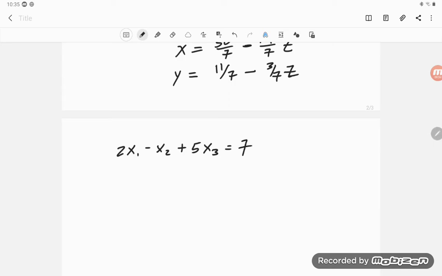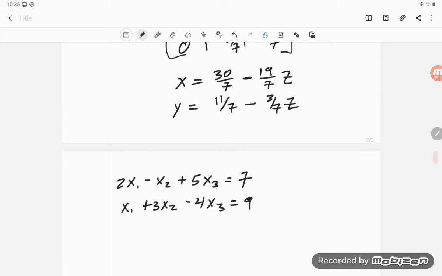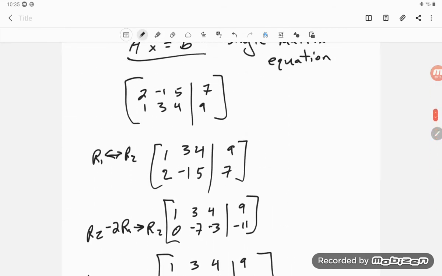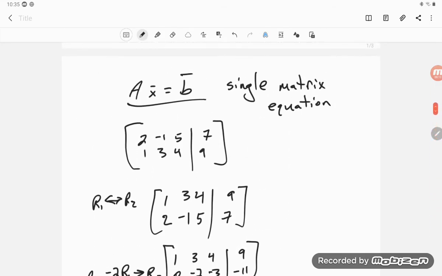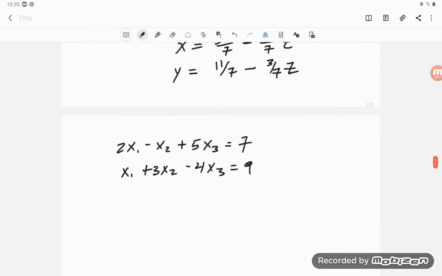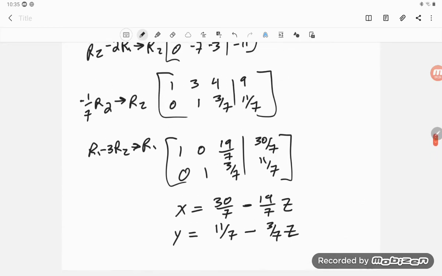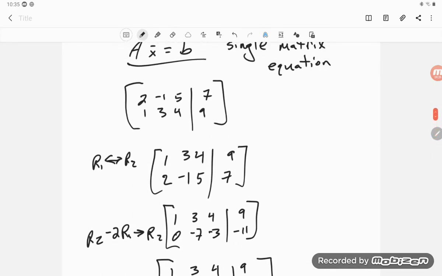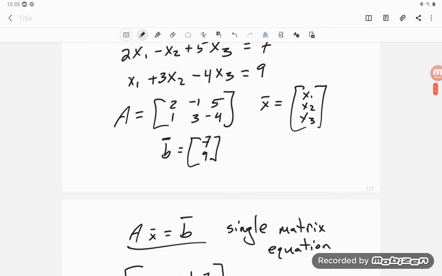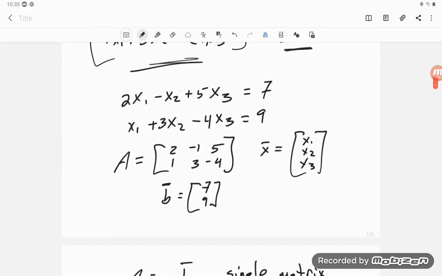And then x1 plus 3x2 minus 4x3 equals 9. All right, did I get that right? Oh, no, plus 4, sorry. Plus 4. Did I do that? Yeah, for some reason I was thinking about a negative. Oh, yeah, there is a negative.